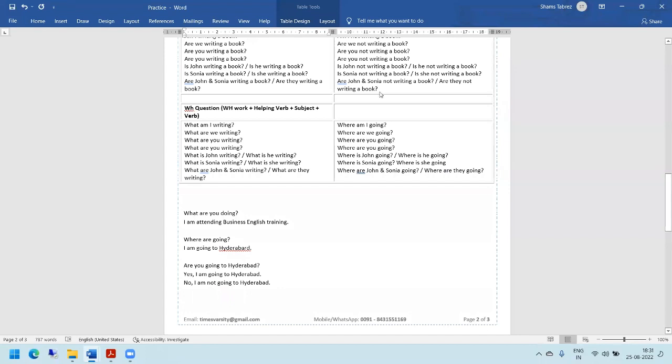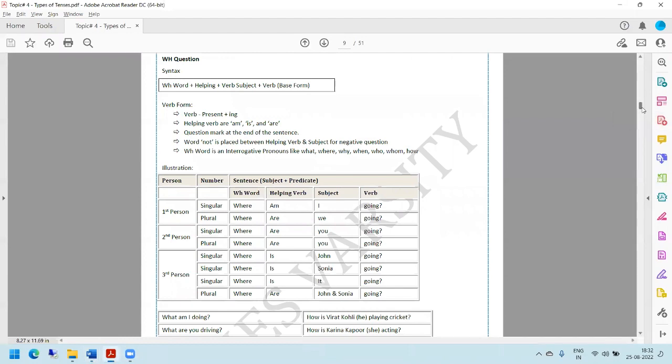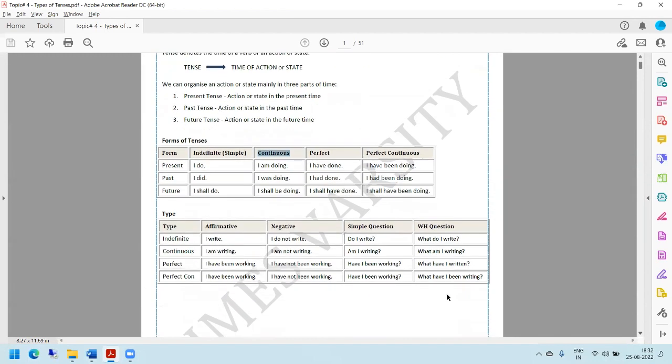Now, these two, present indefinite and present continuous, we discussed. In both, we discussed affirmative, negative, simple question, and WH question.